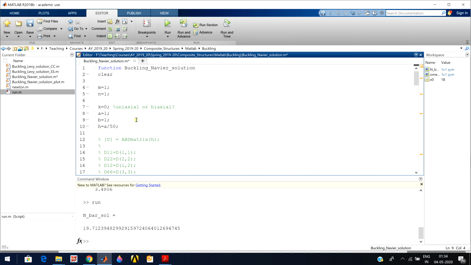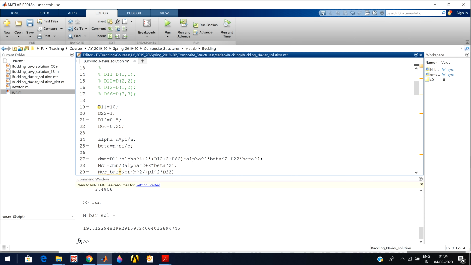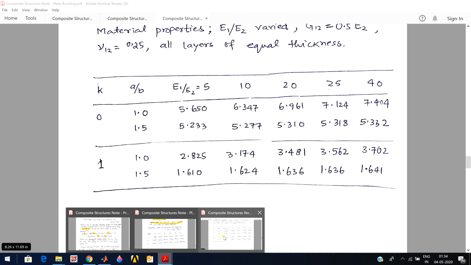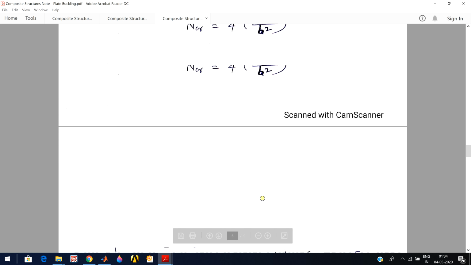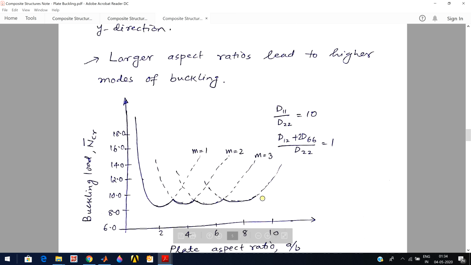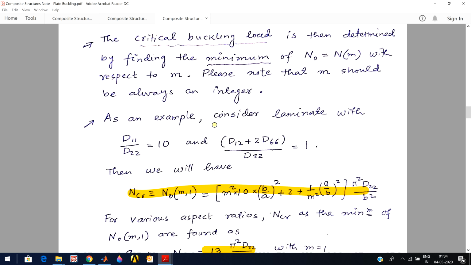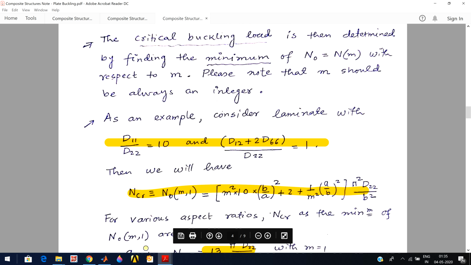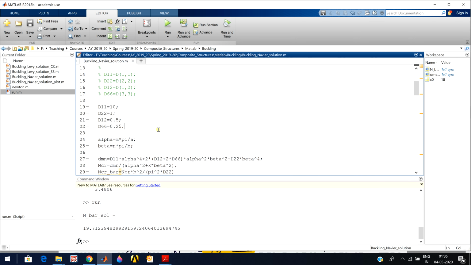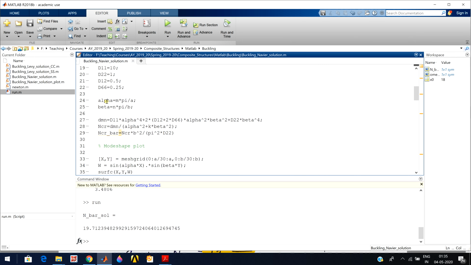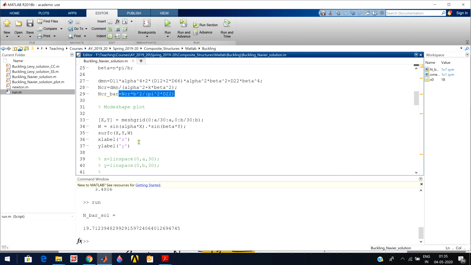This is a square plate, and these are the stiffness values which will give you the relation between D11, D12, D22, and D66. Then you write down alpha, beta, DMN, and then N critical is the dimensional value, then the non-dimensional value, and then the mode shape.